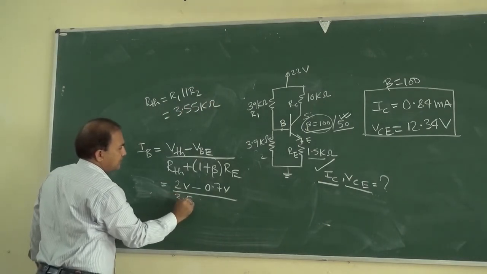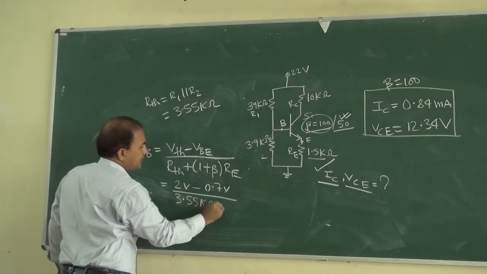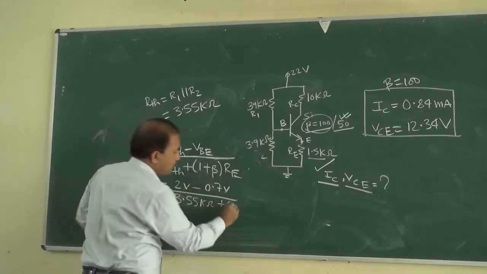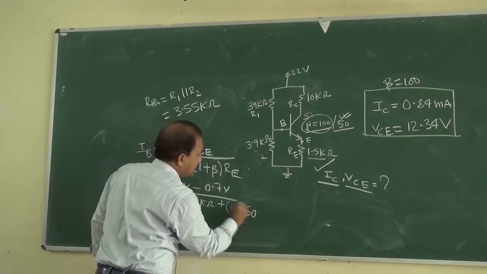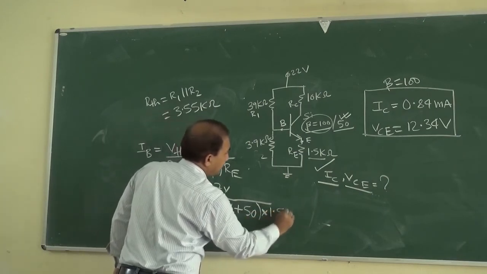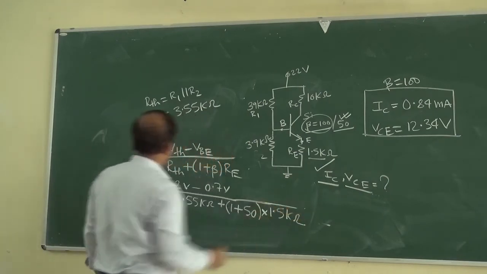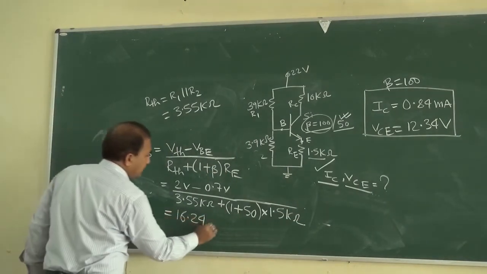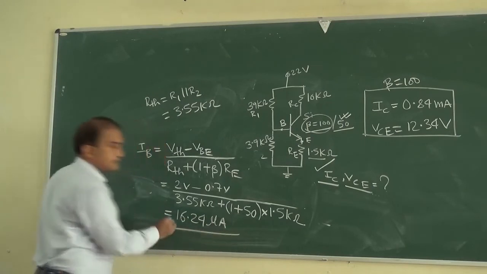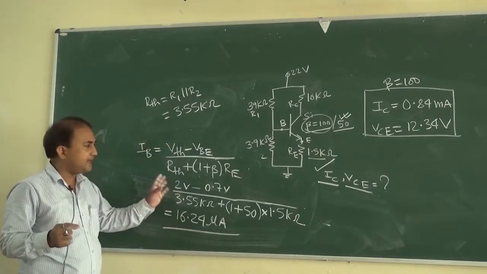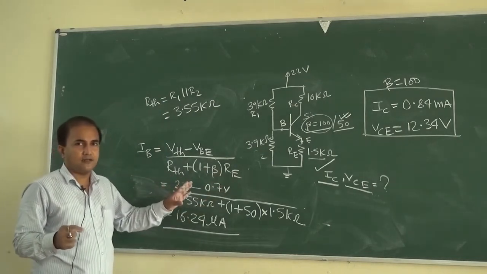The only change is here, it is beta. So 3.55 kilo ohm plus 1 plus 50 multiplied with RE, which is 1.5 kilo ohm. If we calculate this, IB is equal to 16.24 microampere.